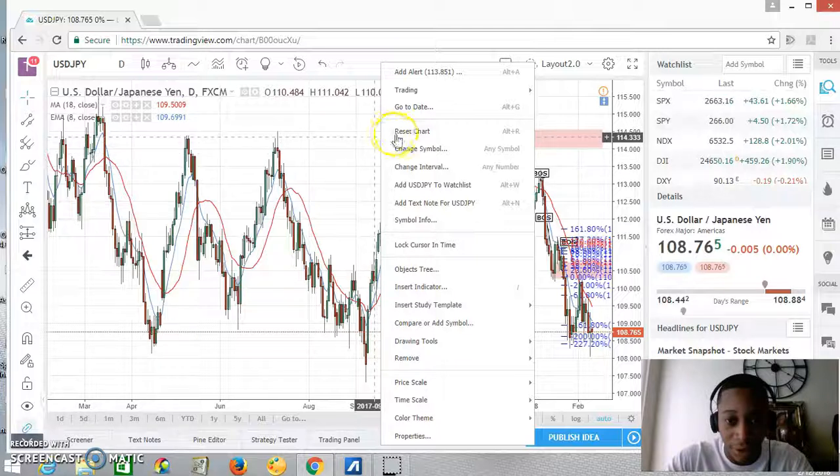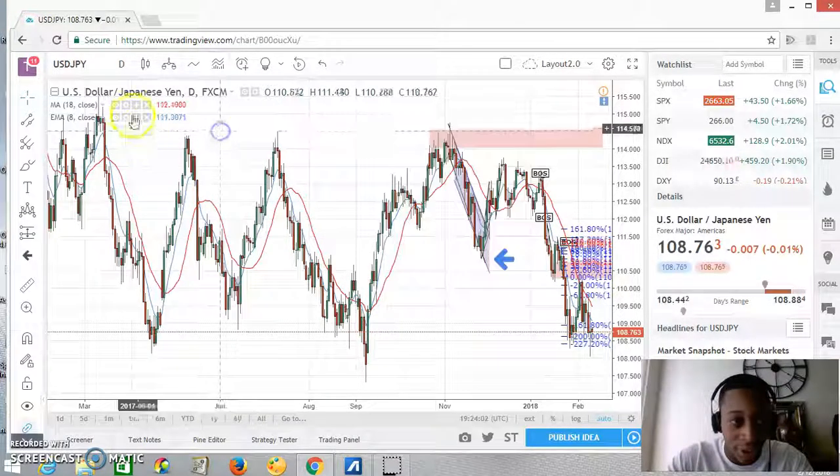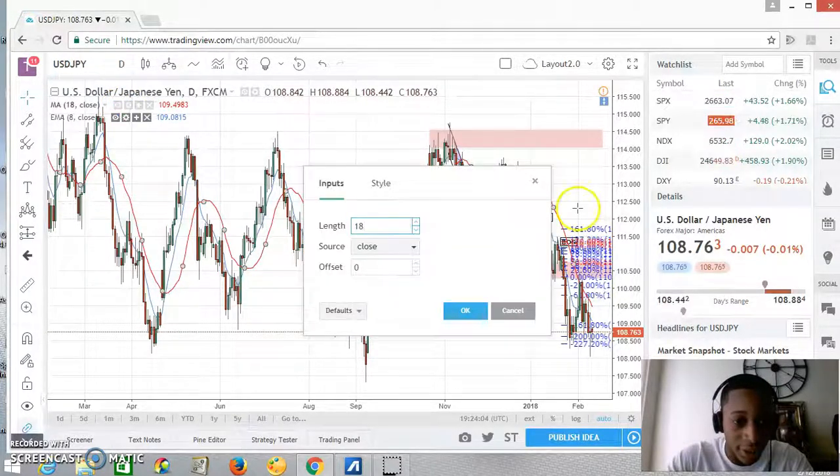So if you want to go to your indicators, you could either click here. I'm sorry, this is actually to change the indicators, I mean to change the functions of the indicator. I want to go over that real quick. Length, close, style, etc.